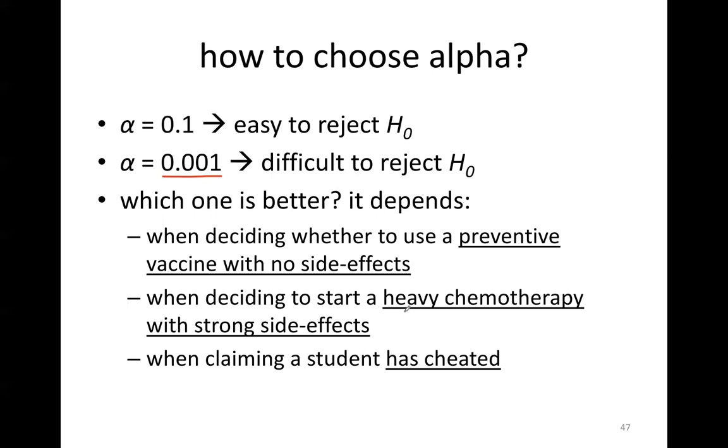It's something people came up with historically 100 years ago, but it's not a golden number. There's just a trade-off between how many false positives you are willing to tolerate versus how much signal you want to catch in the data. And of course, if there are too many false positives, it also means there's less reproducibility. Or, which alpha would you choose to claim that a student has cheated? Well, that would depend on your philosophy, I guess.